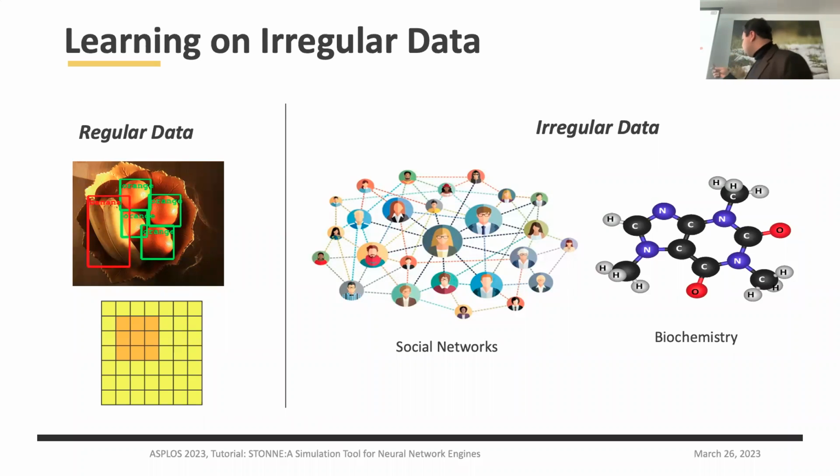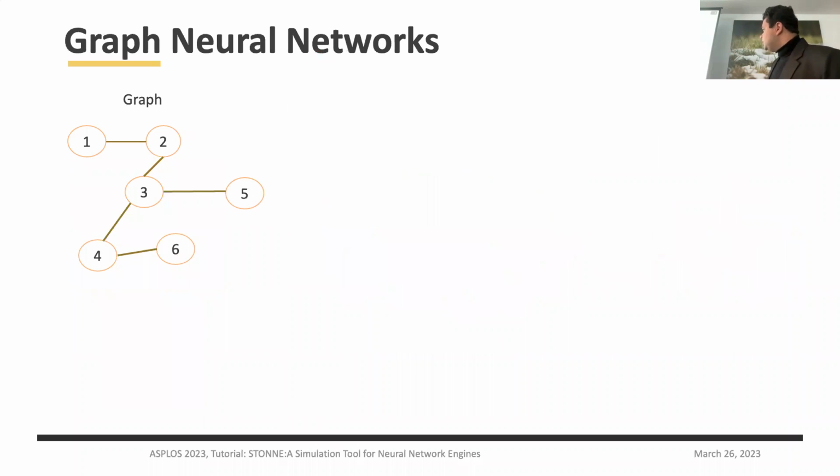But here, the data is quite irregular, and there can be arbitrary relations between the data, and graph is one of the most popular data structures to capture this kind of irregular data. It's used in social networks, biochemistry, and in various other applications.